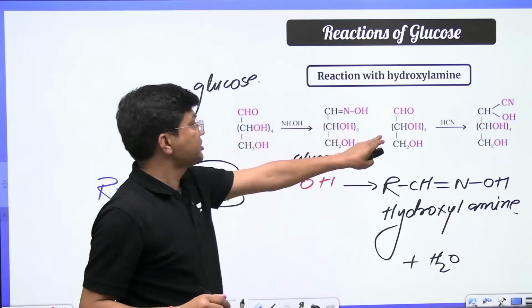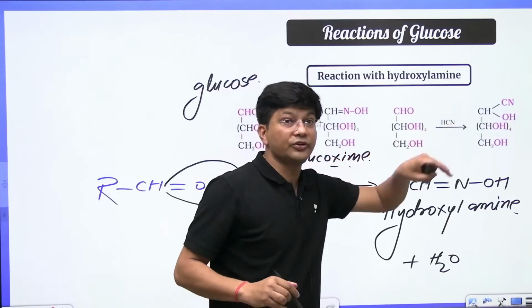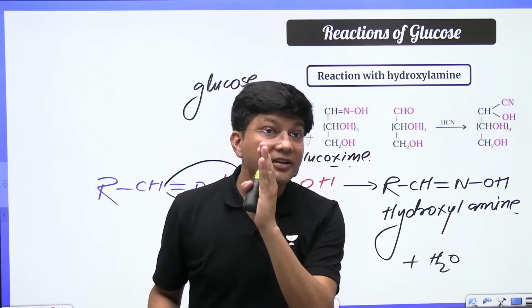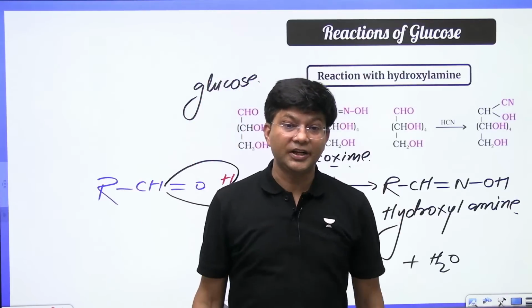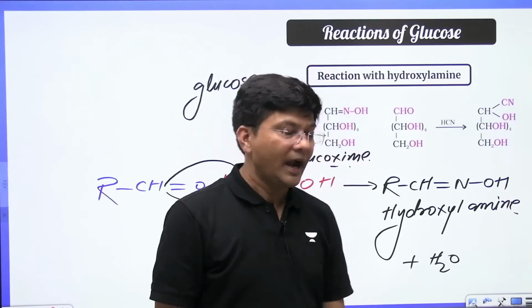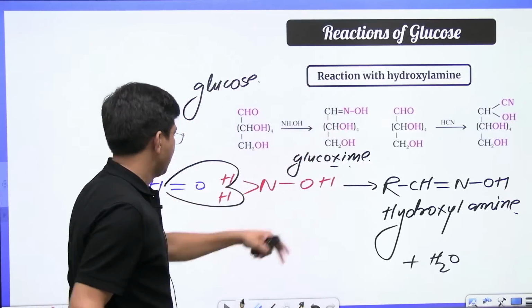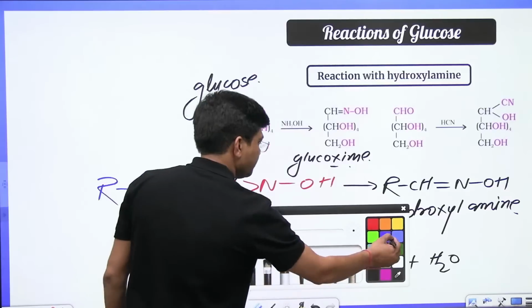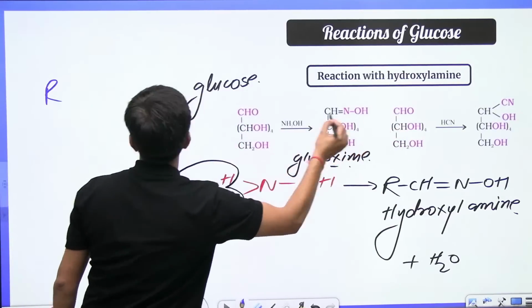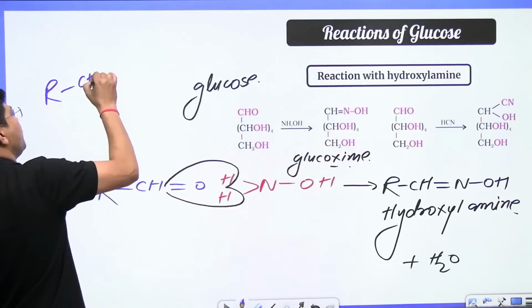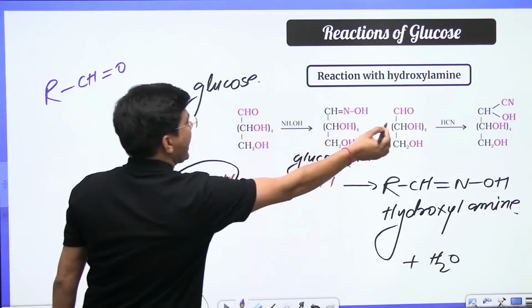And the second reaction is the reaction with hydrogen cyanide. This reaction you have studied in nucleophilic addition reactions. See how it is going to react. RCH double bond O plus hydrogen cyanide.